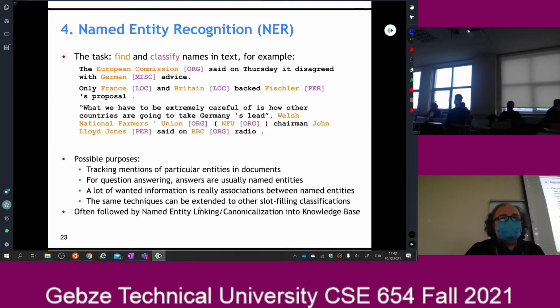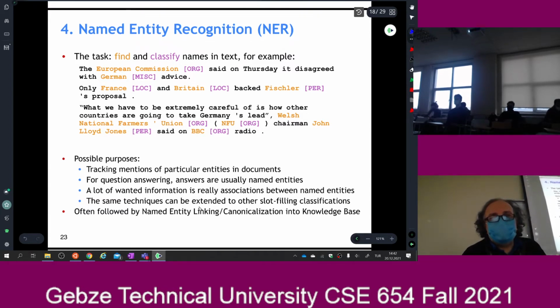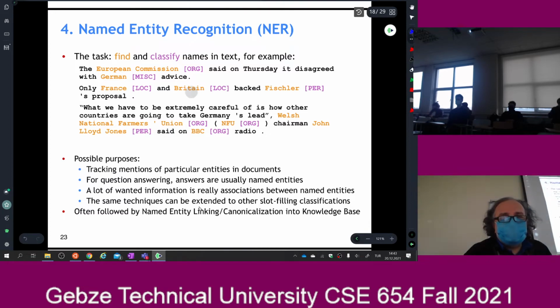For example, the European Commission said on Thursday it disagreed with German advice. So in this sentence, the names are here. The European Commission is an organization name. German is another name, it's miscellaneous. Here, France is a location, Britain is a location, Fischler is a person, etc.